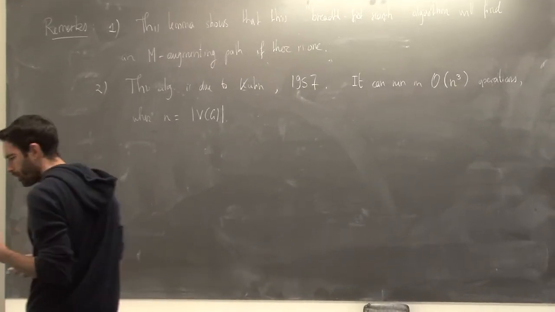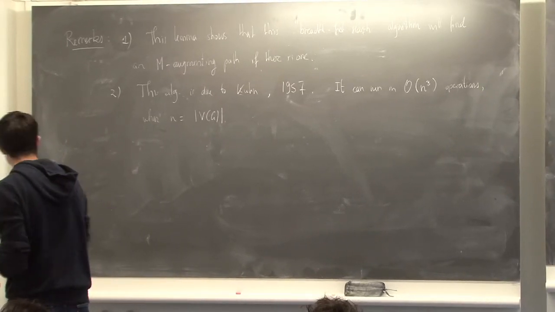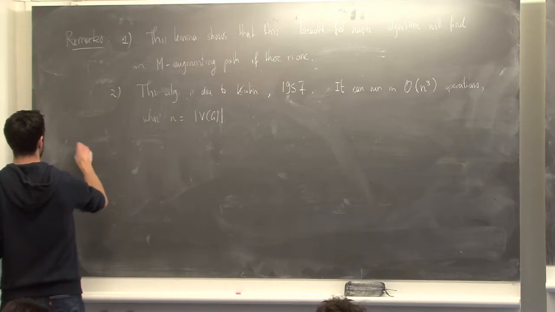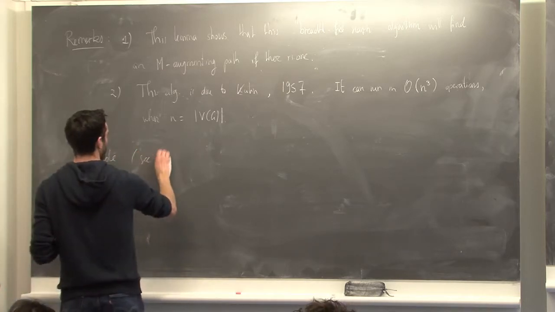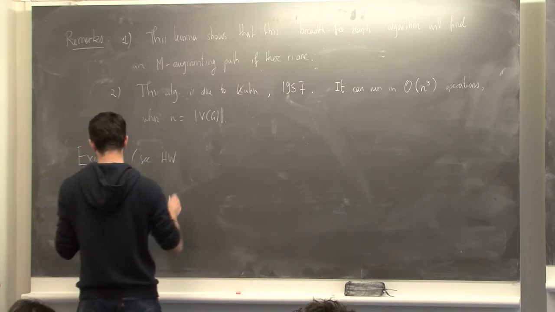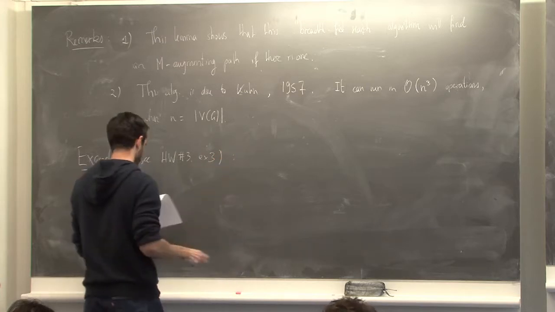Okay, so I wonder if I want to give you a didactic example. Not yet, maybe let's just make an example. And you're going to have another one in homeworks. See also homework 3, exercise 3.